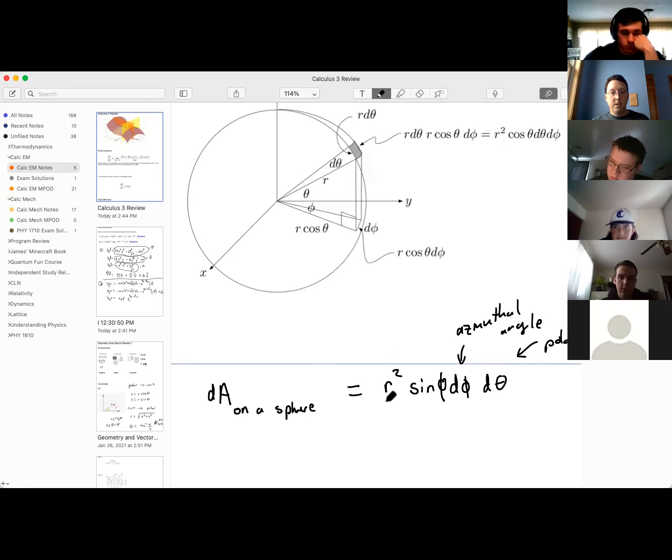Okay, so this is the formula for the area on a sphere.